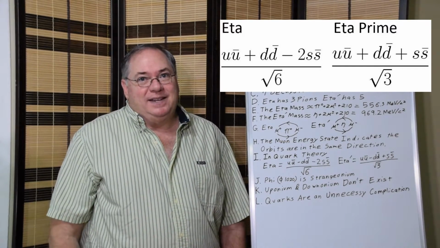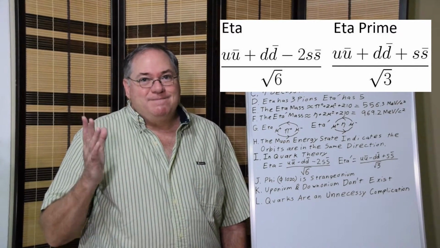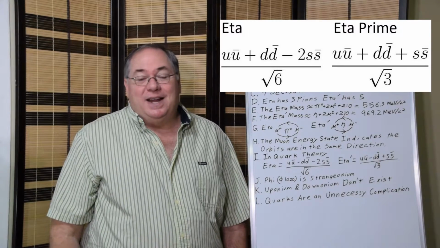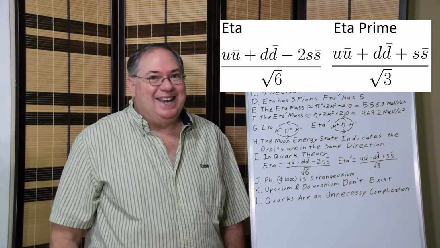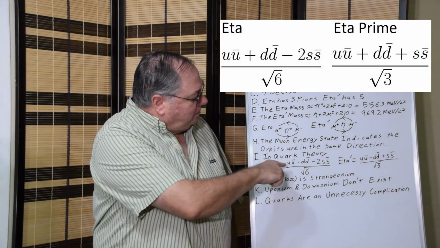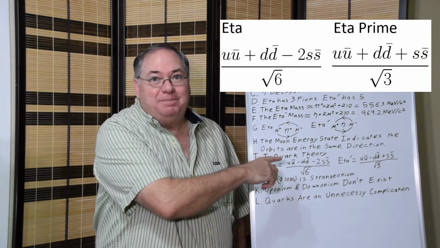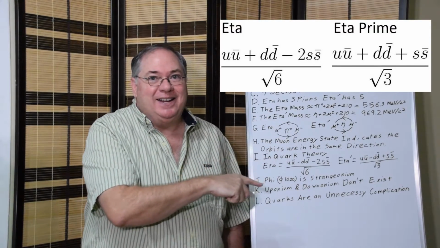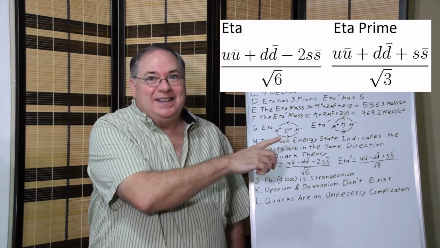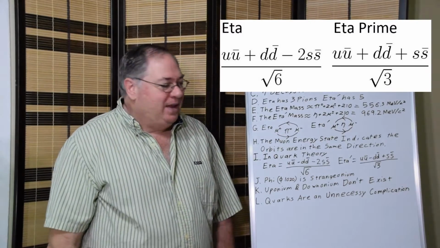And if that doesn't sound like totally numerological nonsense, then what can I say? So basically, the up and anti-up annihilate, the down and anti-down annihilate, the strange and anti-strange annihilate. So this is nothing divided by the square root of 6.